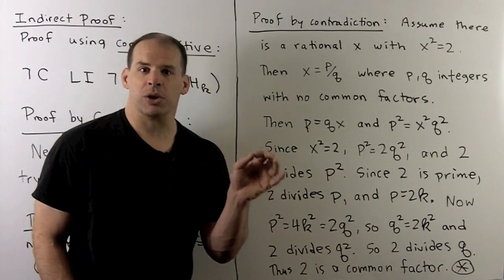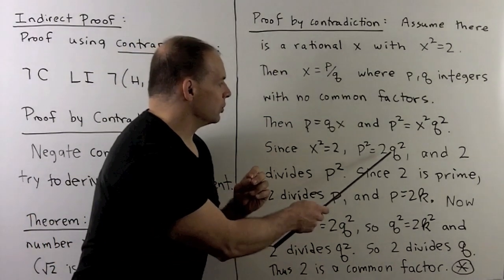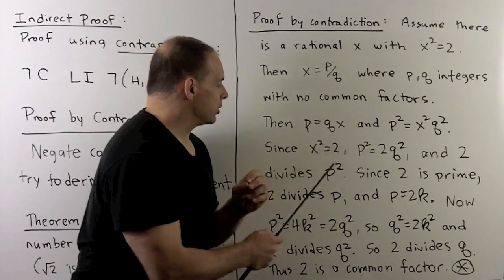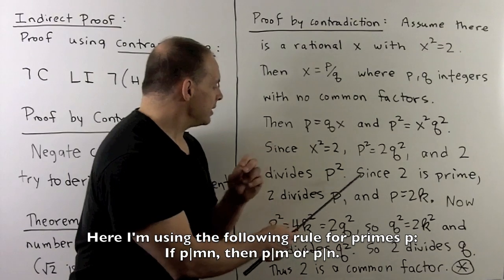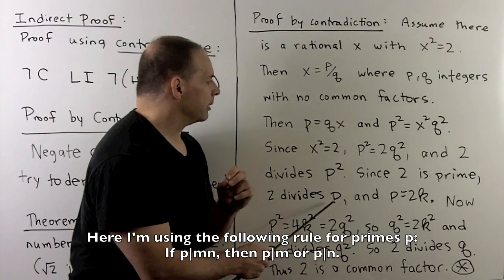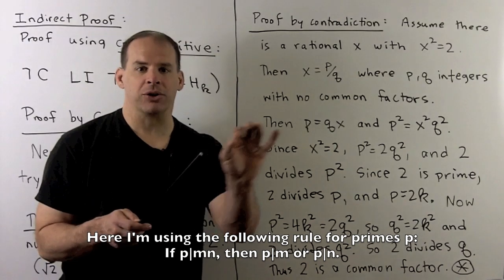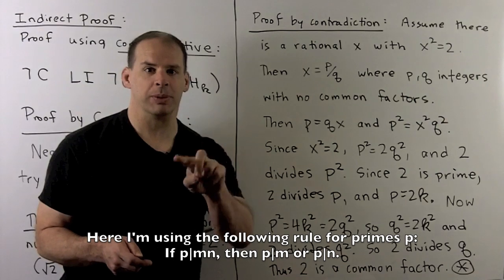By assumption, x squared is equal to 2, so I'll have that p squared equals 2q squared. Now, that means 2 is going to divide p squared. Since 2 is a prime, that means that 2 is going to divide p. Because 2 is prime, I can't split that and put a factor into each p. It has to divide entirely into one of the p times p.